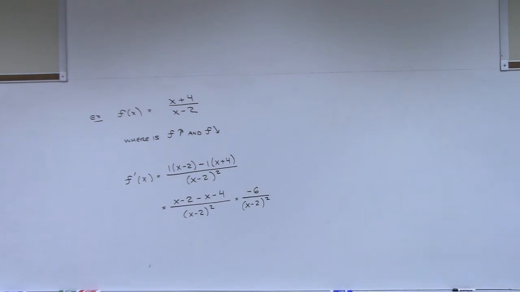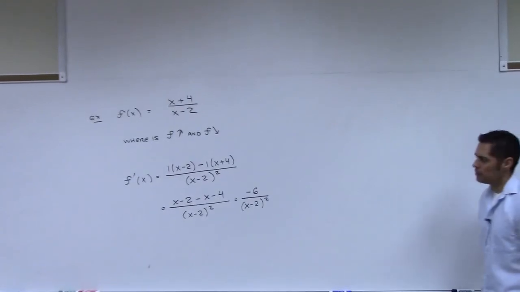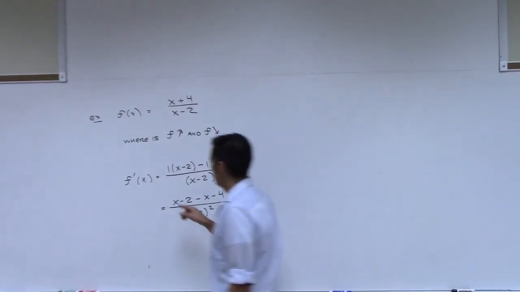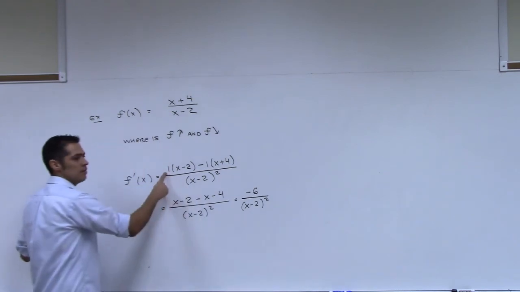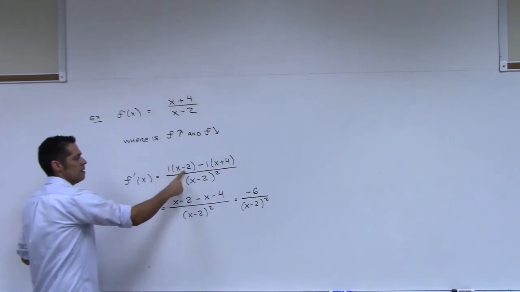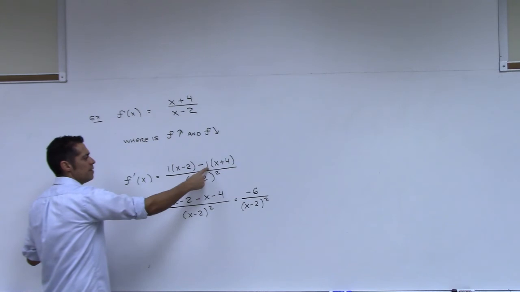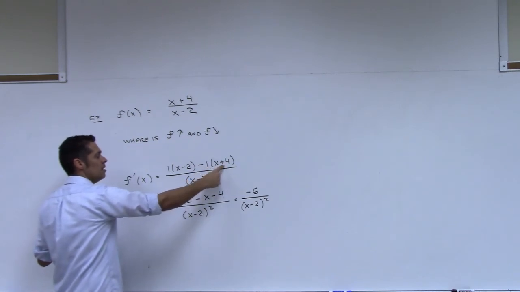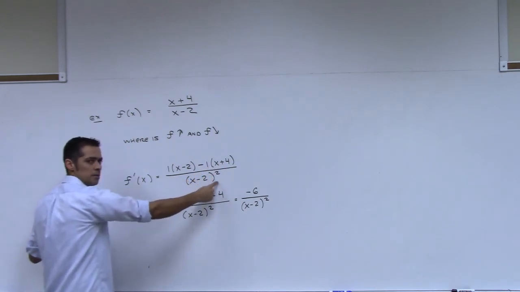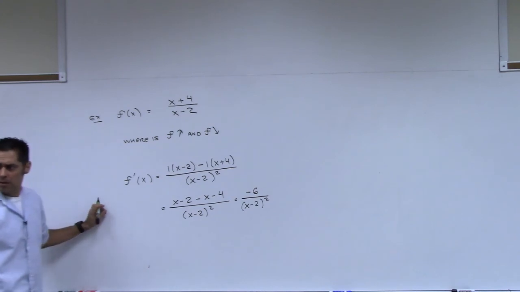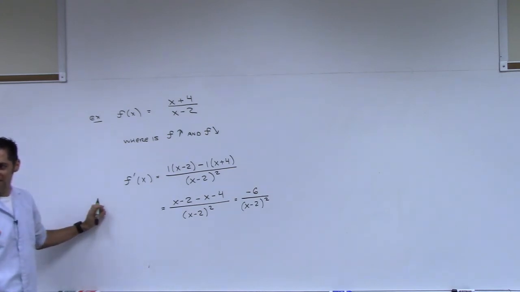Hopefully you're able to arrive at that derivative. You're doing derivative of the top one, times the bottom, minus the derivative of the bottom one, times the top, all over the bottom squared. Is that fair? Question?